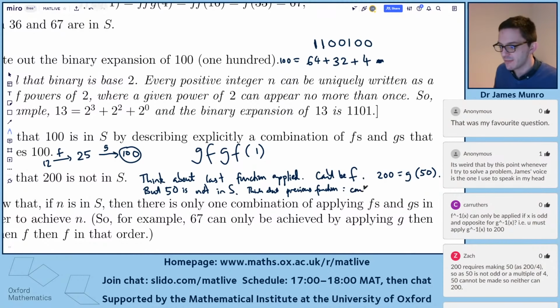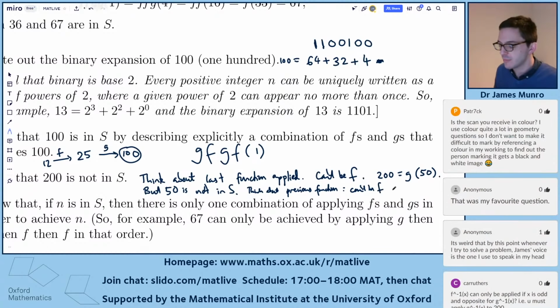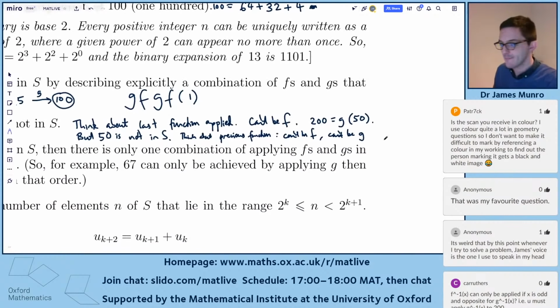That can't be F because 50's even, and it can't be G because it's not a multiple of 4. So 50 is not in S, so 200 is not in S.